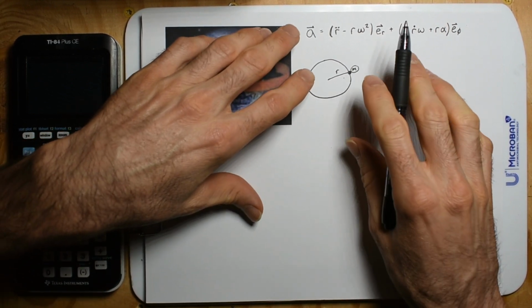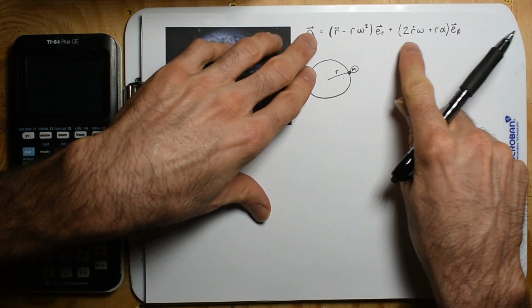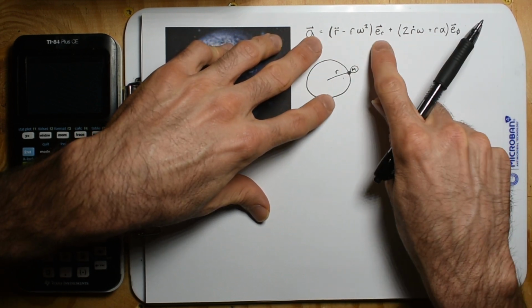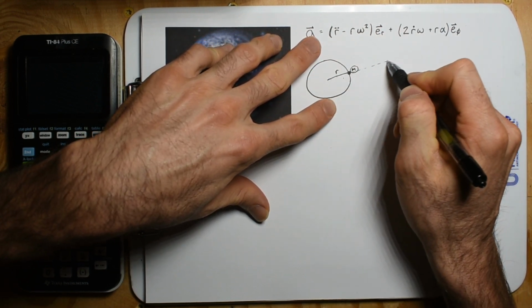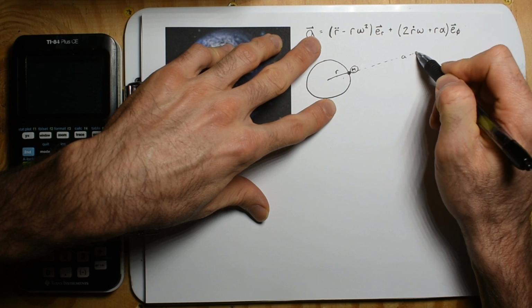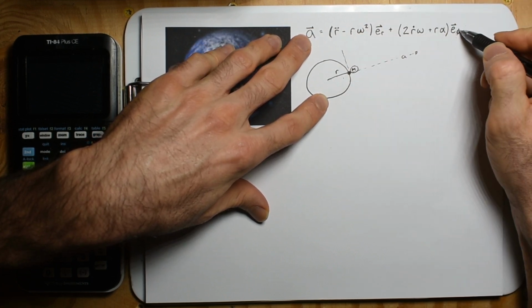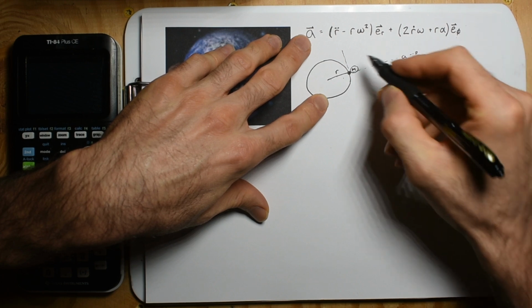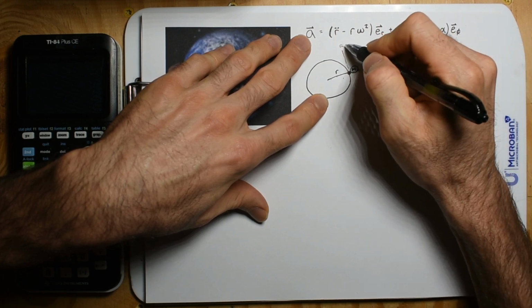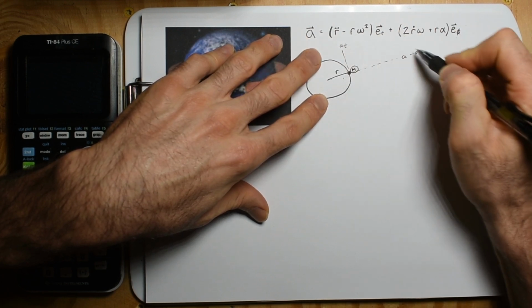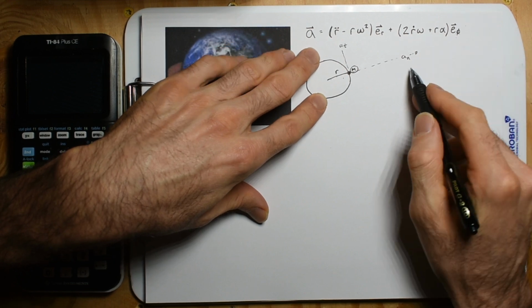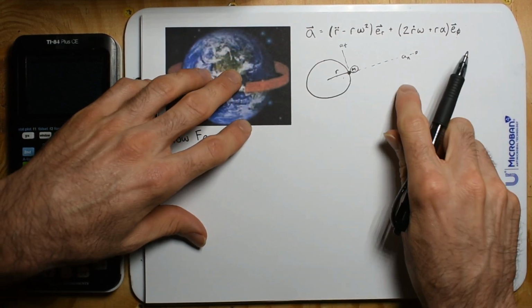Now we get acceleration in any one of these scenarios. This is acceleration in the radial direction. And this is tangential. They use this angle phi, and that's acceleration in that direction.